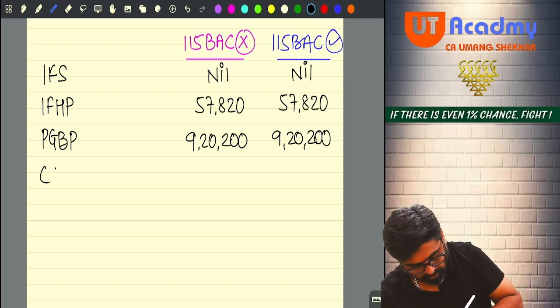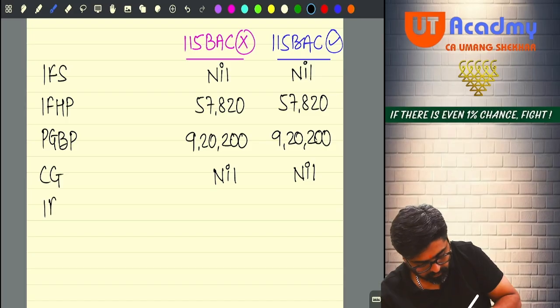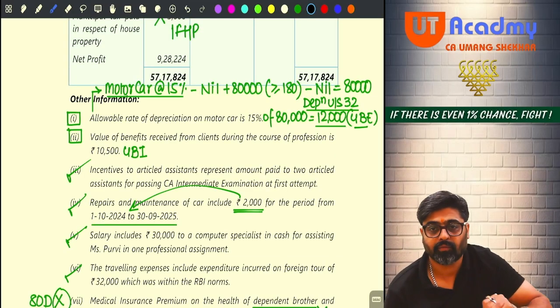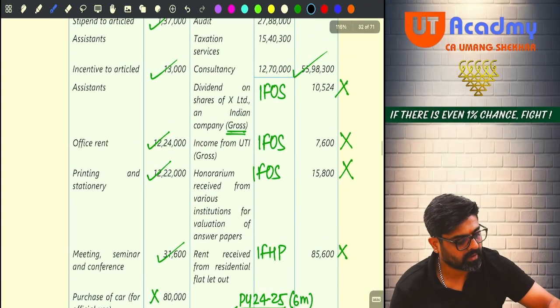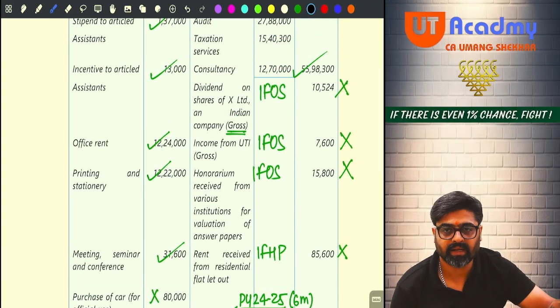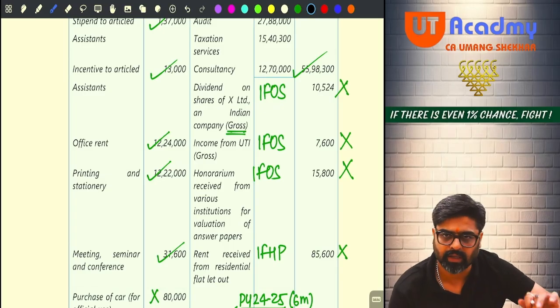Now pay attention, capital gains you don't have. So capital gain nil. Now, IFRS, do you have? Yes sir, I have IFRS. In IFRS, you have 10,524 dividend which will be taxable, this is the gross amount. Now 7,600 income from units of UTI, meaning dividend from UTI, is also taxable.